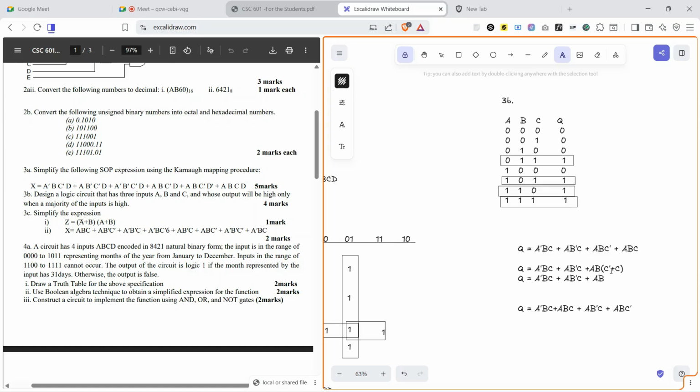So I'm bringing this last part to this first part so that we now have Q equals BC into A bar plus A, then plus AB bar C plus ABC bar.